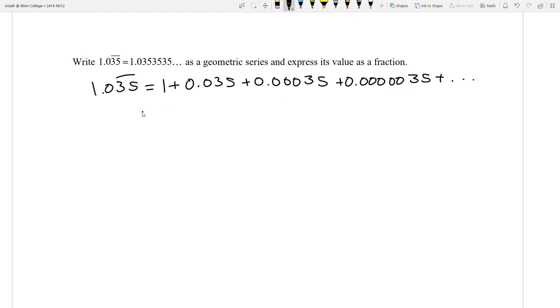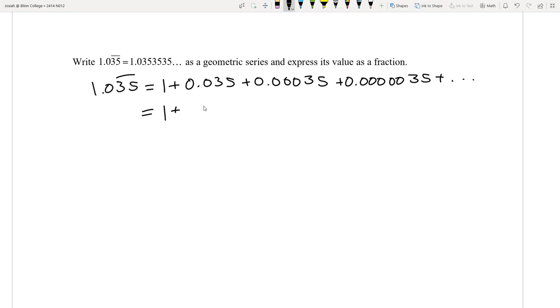From there, we want to write it as a geometric series, which means that we want to write each term as being multiplied by some common ratio. It looks like we have this 35 here, or maybe 0.035.